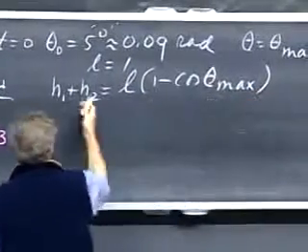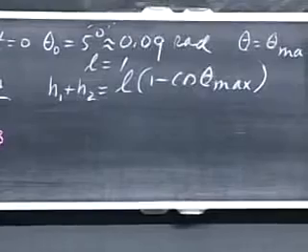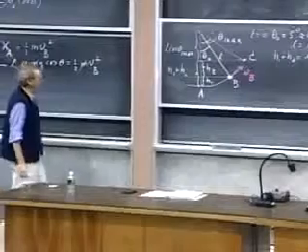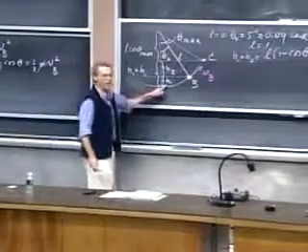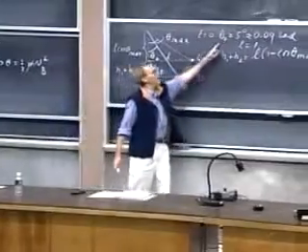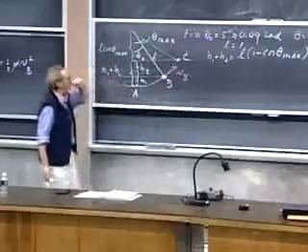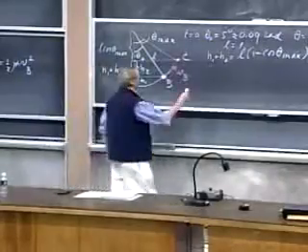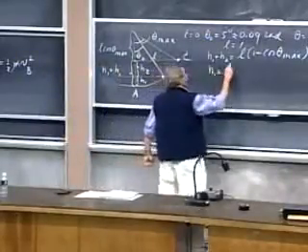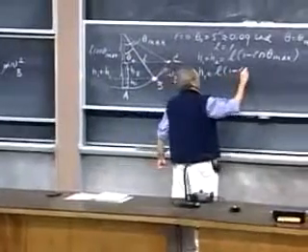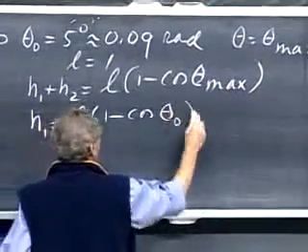And so the moment we have h1 plus h2, we immediately have the maximum angle. Now h1 is a piece of cake, because we know that this object is at B when theta 0 is 5 degrees. So h1 equals L times 1 minus the cosine of theta 0.